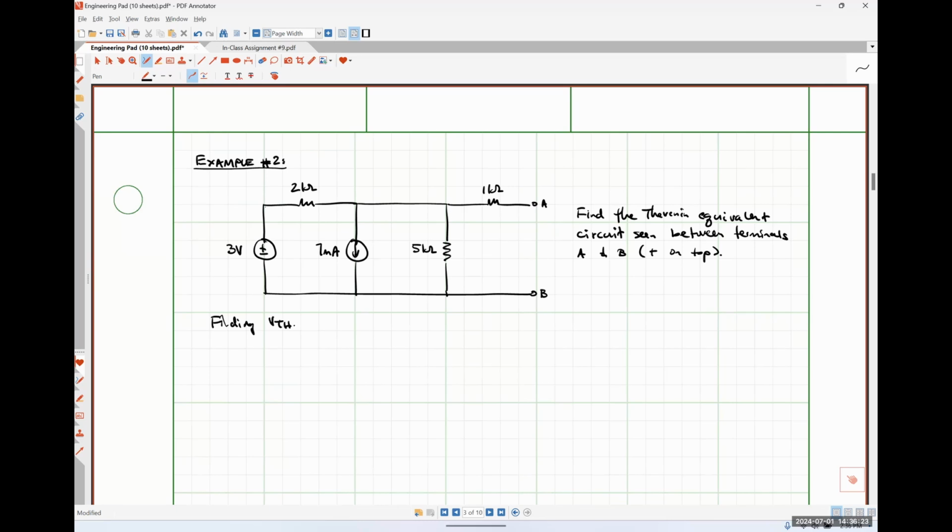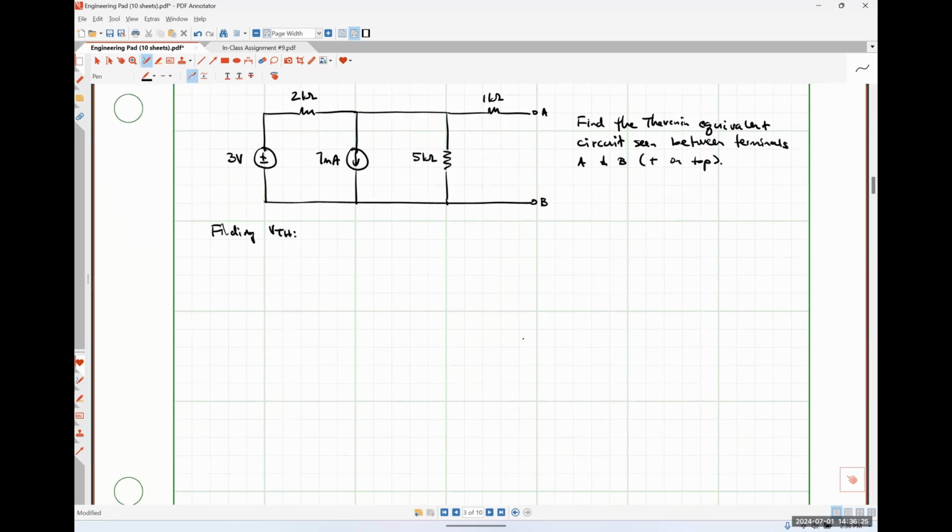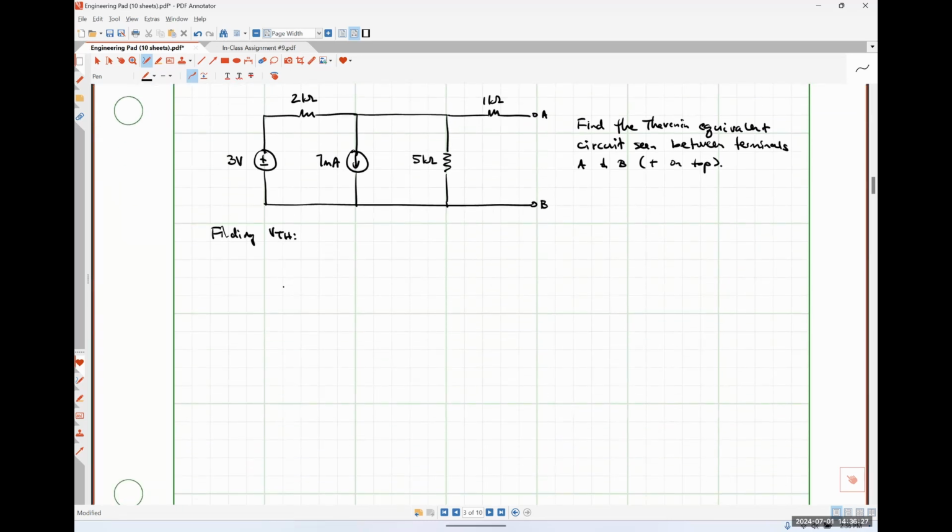So to find VTH, we're literally just going to redraw our circuit as is, make no modifications whatsoever, except to say that the voltage drop between terminals A and B is our Thevenin voltage.